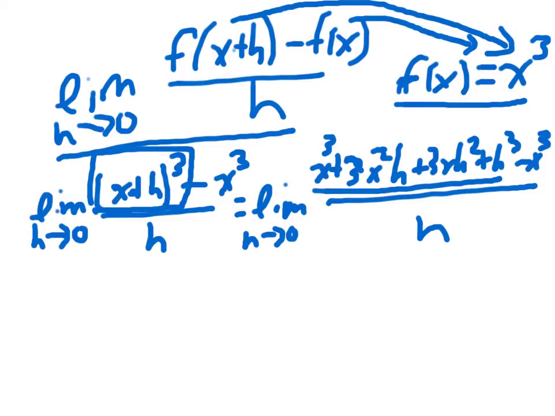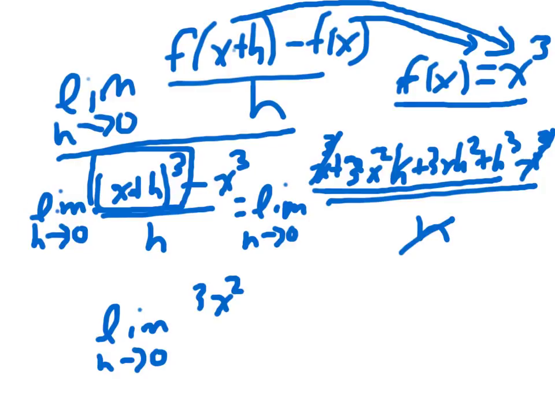Okay, first of all, x^3 minus x^3 is gone. These all have an h in them, and I'm going to divide by h. So I'm really taking the limit as h goes to 0 of 3x^2 h divided by h, so the h's cancel, giving 3x^2. Then 3xh^2 divided by h gives 3xh, and h^3 divided by h comes out h^2.